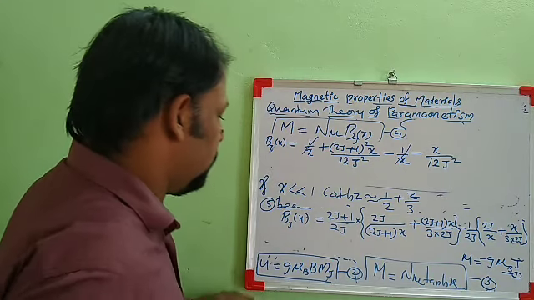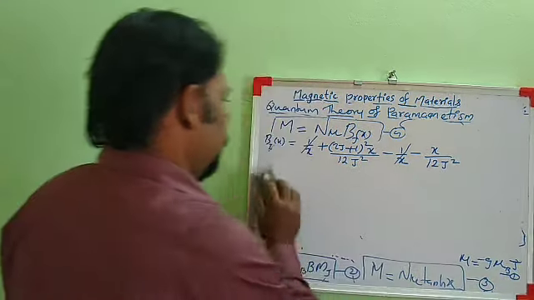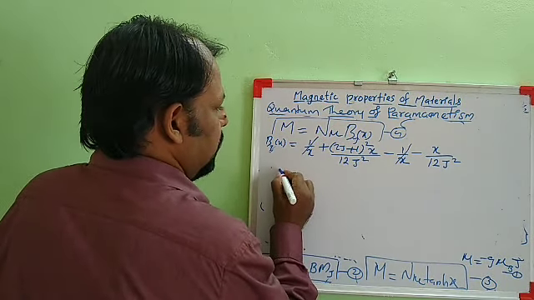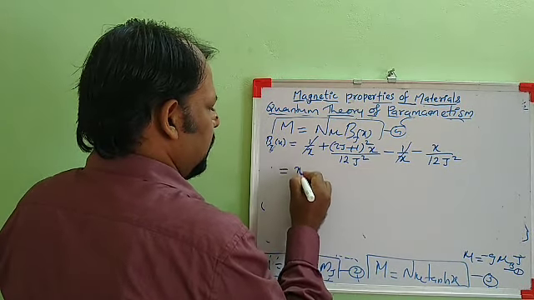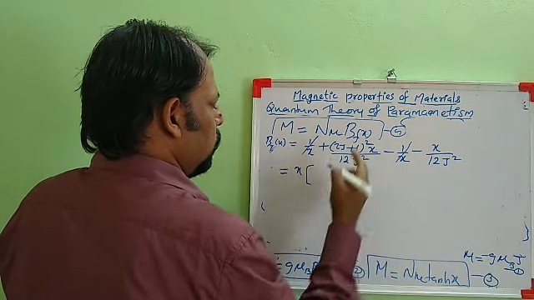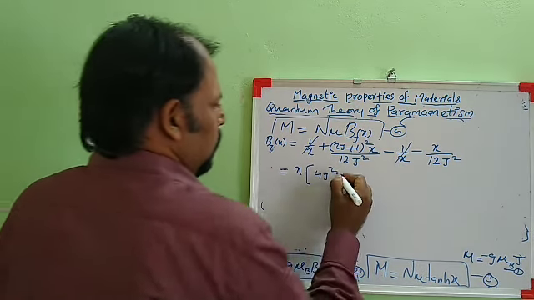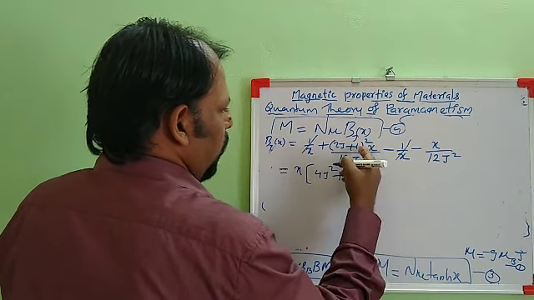So we can simplify this equation as, you can write this equation as Bj(x) equal to 1 by 12j square upon, in the numerator, x into (2j+1) the whole square. It is 4j square, then plus 4j plus 1.